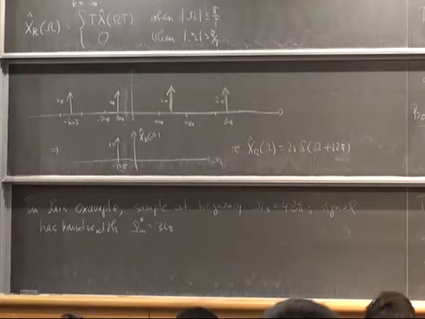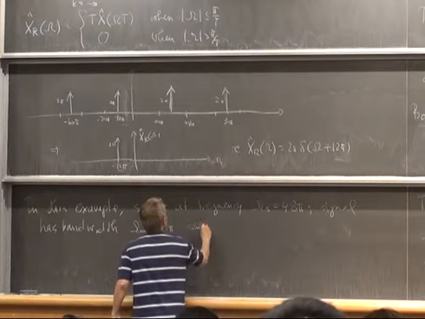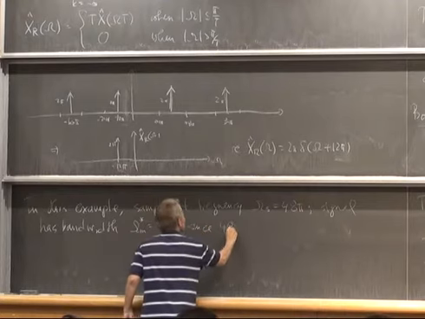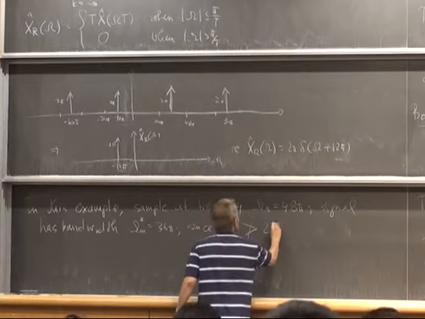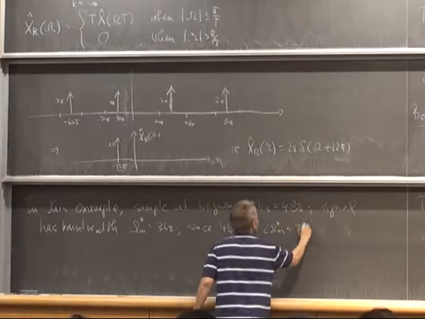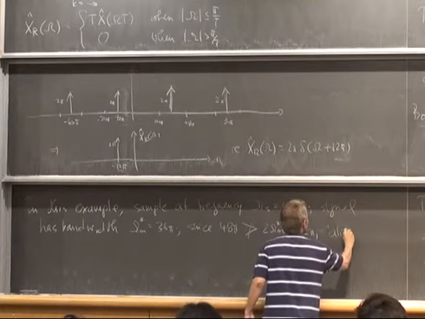And clearly 48 pi is not bigger than twice the bandwidth. Since 48 pi is not bigger than 2 omega m star, which is 72 pi, we say that, quote-unquote, aliasing occurs.